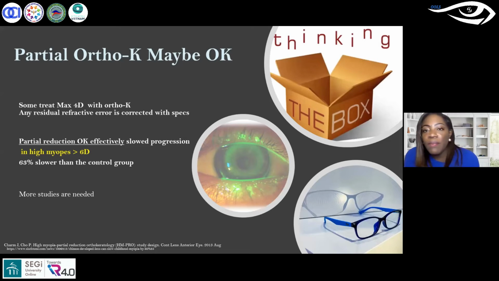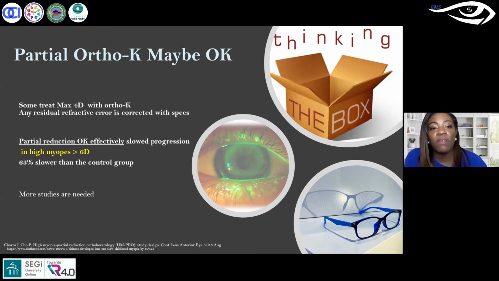They treat the max 4 diopters with ortho-K, and then any residual refractive error is corrected with specs. The studies that have looked at this have found great outcomes, 63% slower myopia progression than the control group. So this is an option for those where, by refractive error, ortho-K might be the best. You can do this.